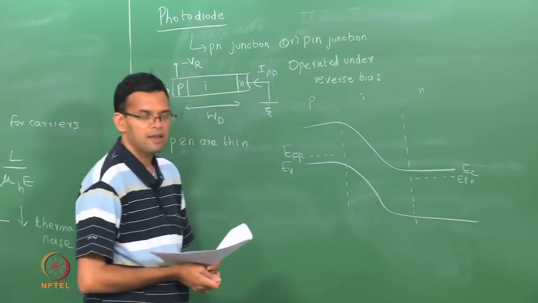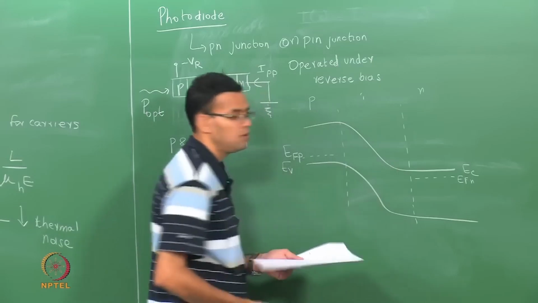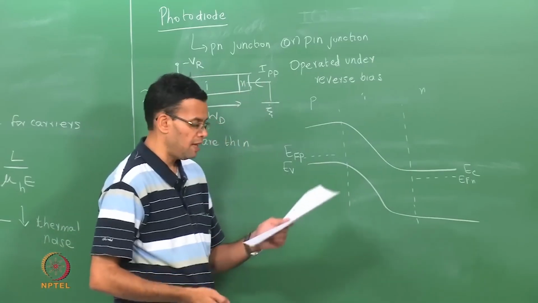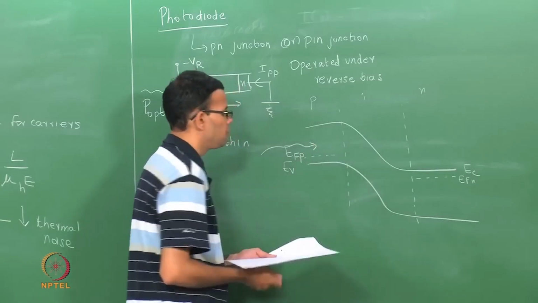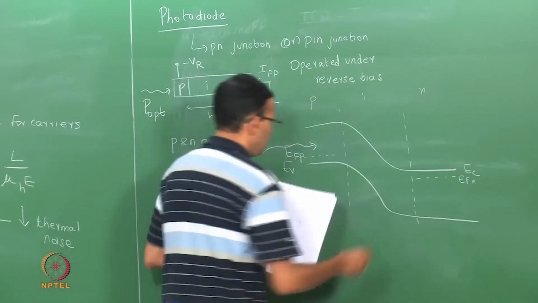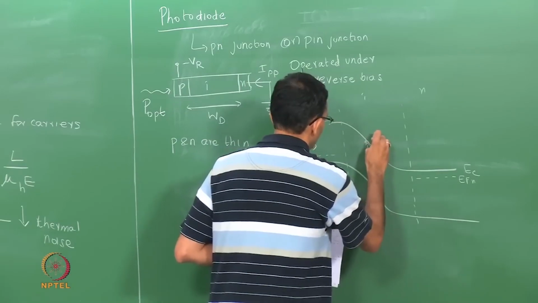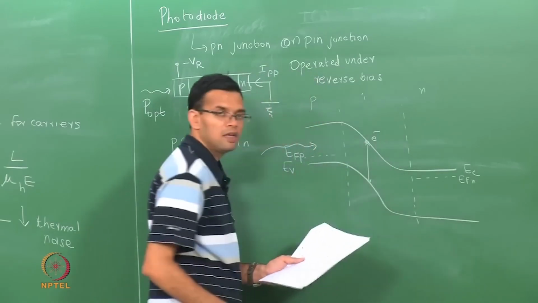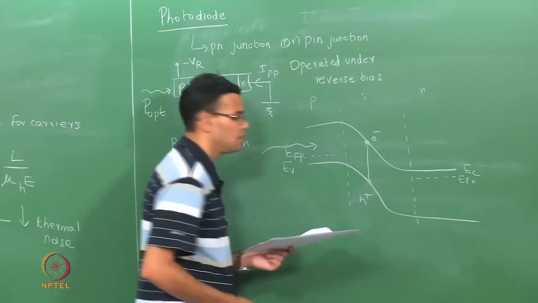So, in this particular case there is a reverse bias. The reverse bias voltage depends upon the difference in the Fermi levels. So, now we have incident light that falls on your material, so that generates electrons in the conduction band and holes in the valence band.